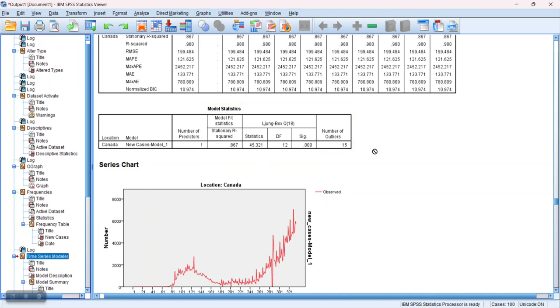So with 15 outliers fitted by this model, the Expert Modeler procedure fits the observed data in the assessment of the residuals for autocorrelation. So the high statistic is stationary R squared.